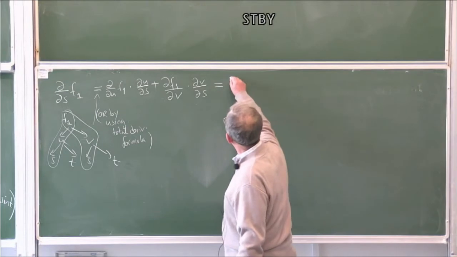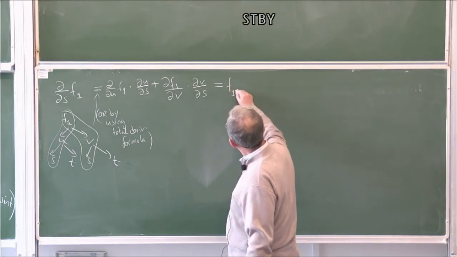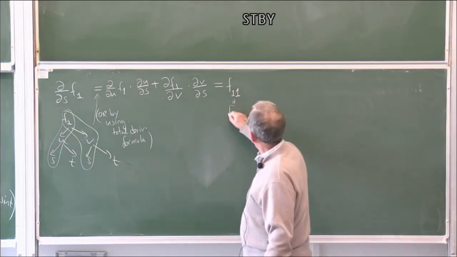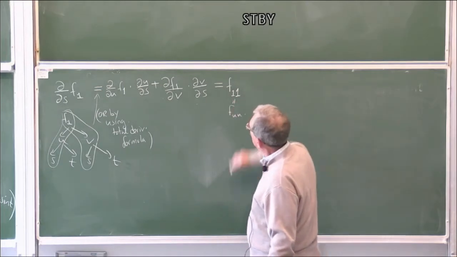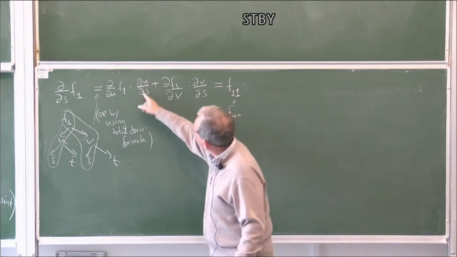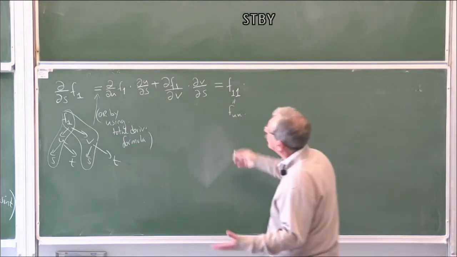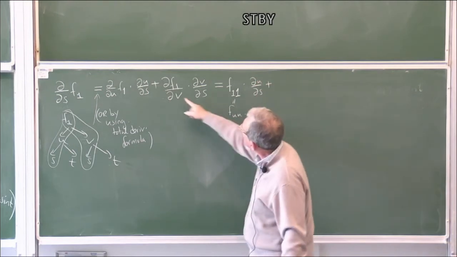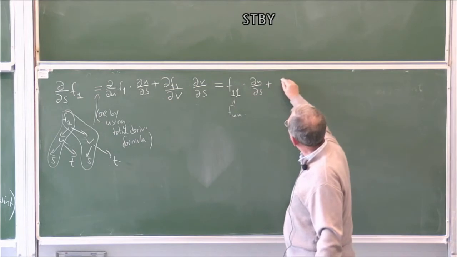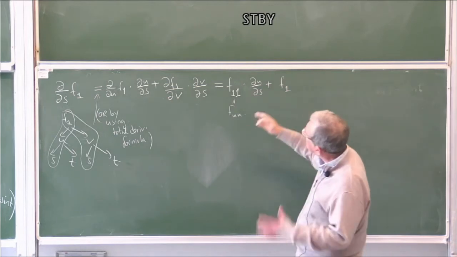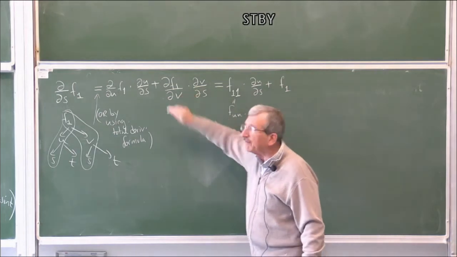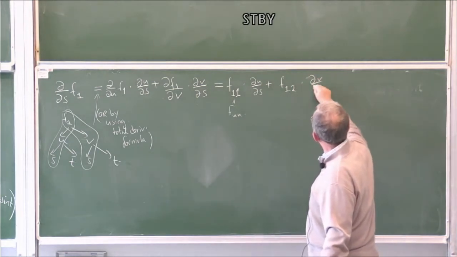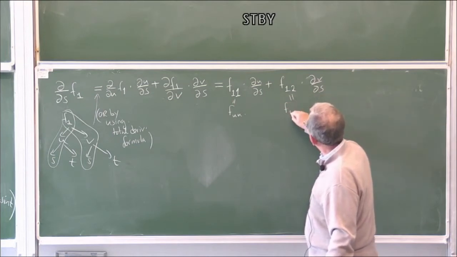So I can write here, it's the derivative of f with respect to the first variable again, or I can write fuu times, well, del u del s. Well, I know what u is, so I will not calculate those in detail. For the second one, I have f1, but then I take the derivative with respect to its second variable, so it is this, which of course could be written in this form.